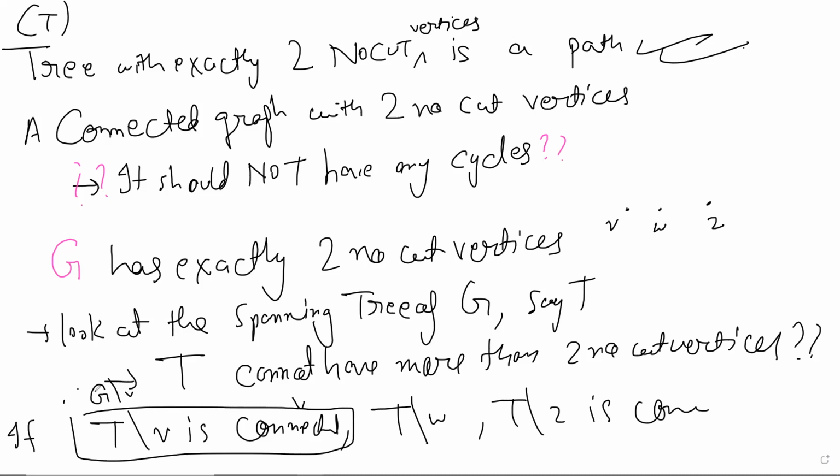Between any 2 points in G, there is a path in T which does not use V, so that path will also be there in G. Take a minute. Then the proof is done.